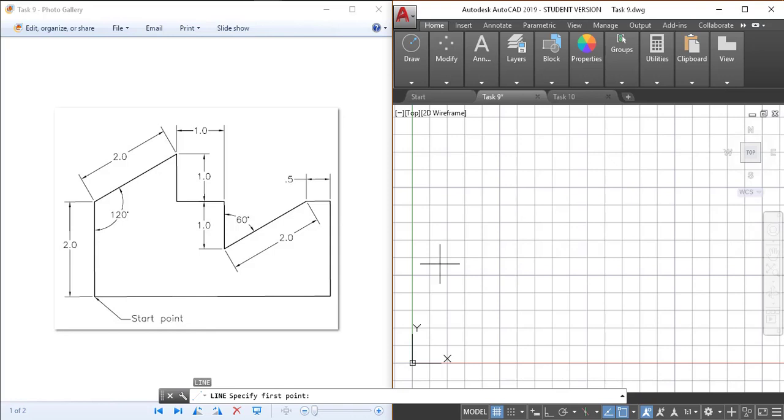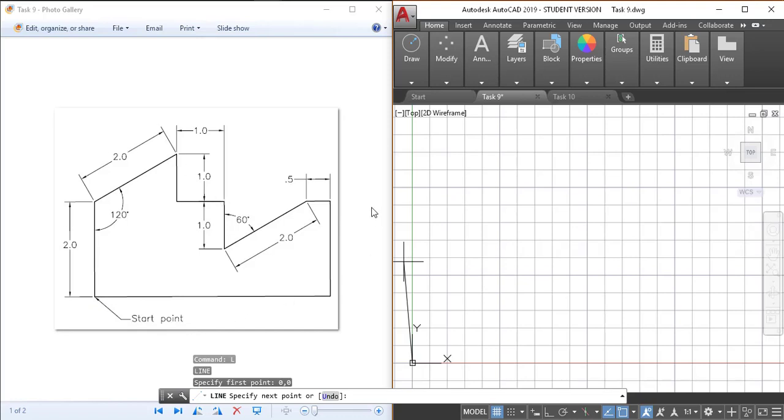We assume that the start point is at the origin. It means we have to input 0, 0. So our line command is started. After this point, we have to decide which way we have to go, since the point numbers are not given. In the previous task, you saw that there were point numbers given like 1, 2, 3, 4, 5.